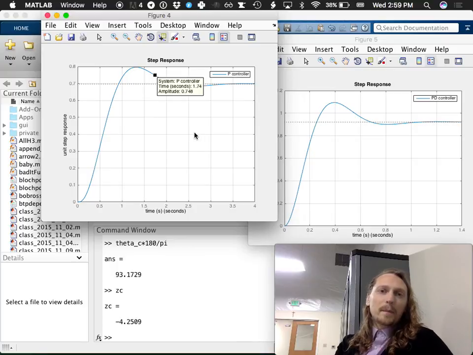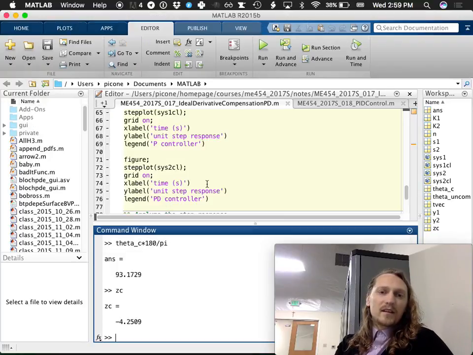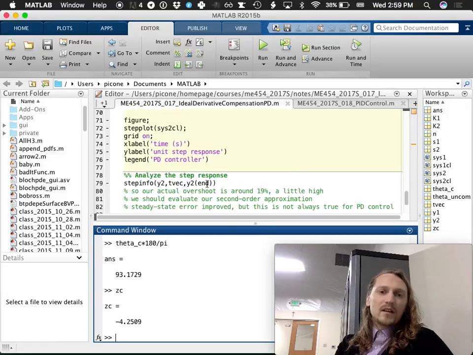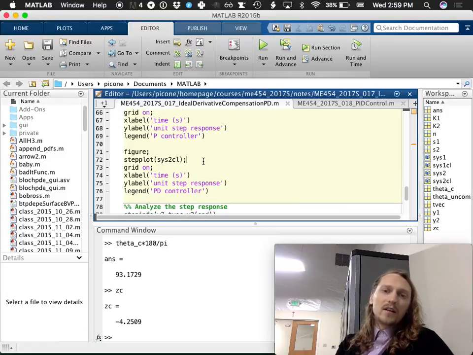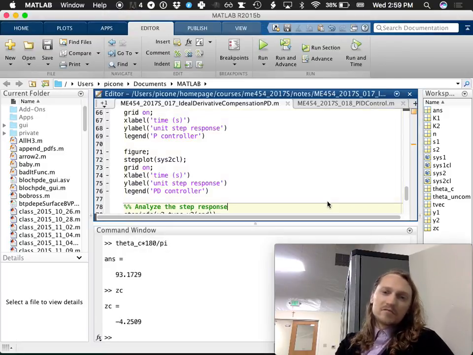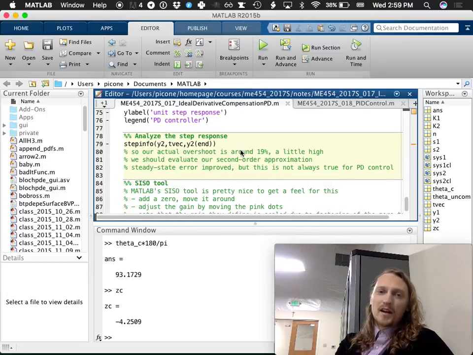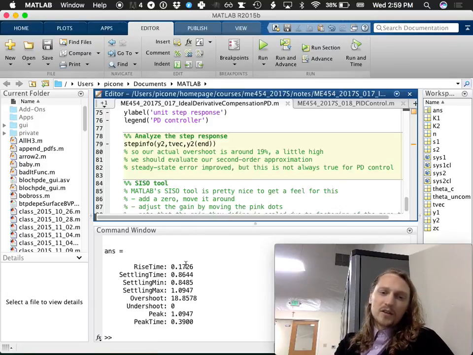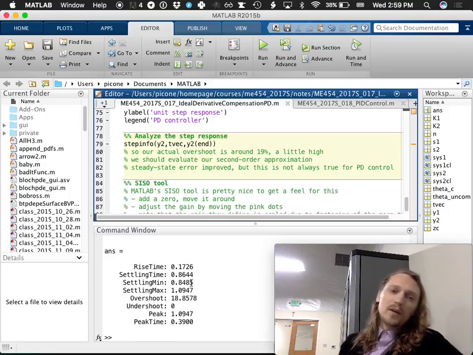Well, okay, that wasn't step plot, my bad. Step plot shows you the step response as well. I don't know why I decided to add that on there, but stepinfo is what you want to use. I showed it to you the other day in passing. It gives you the rise time and the settling time.